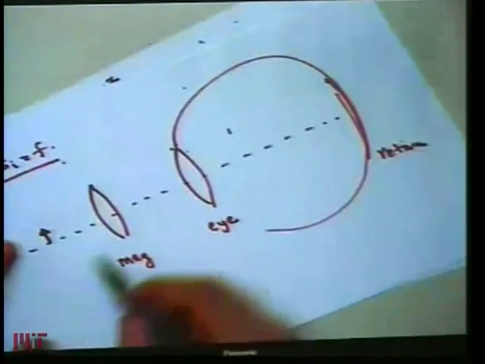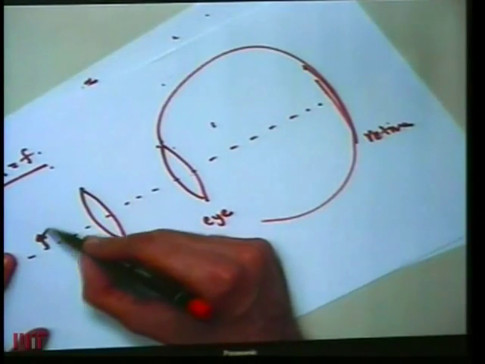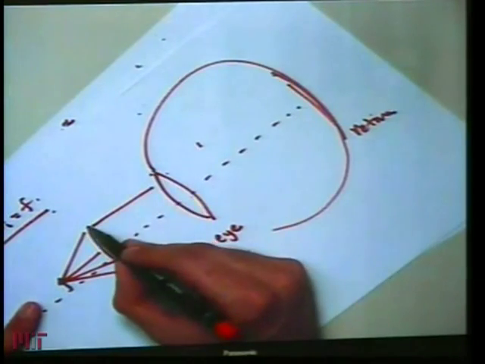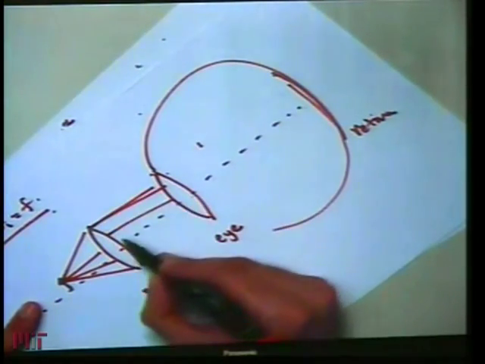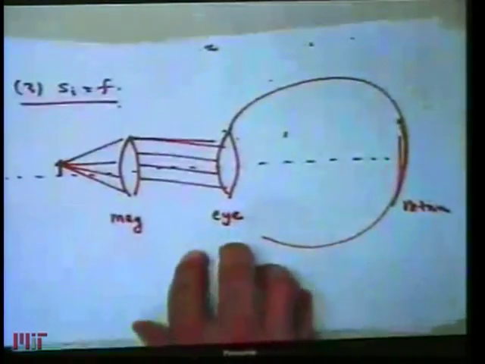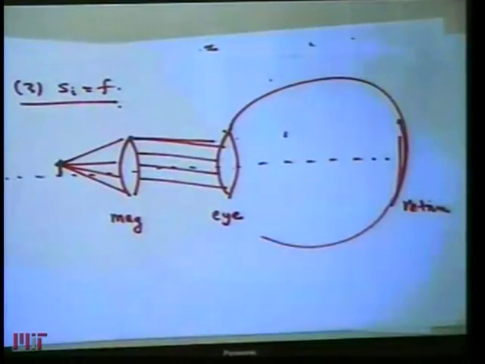So let's look at the tip of the object. Since it is one focal distance away from the lens, I will get a parallel ray bundle. Is that good or bad? It's SO equals F, right? Yes, thank you.